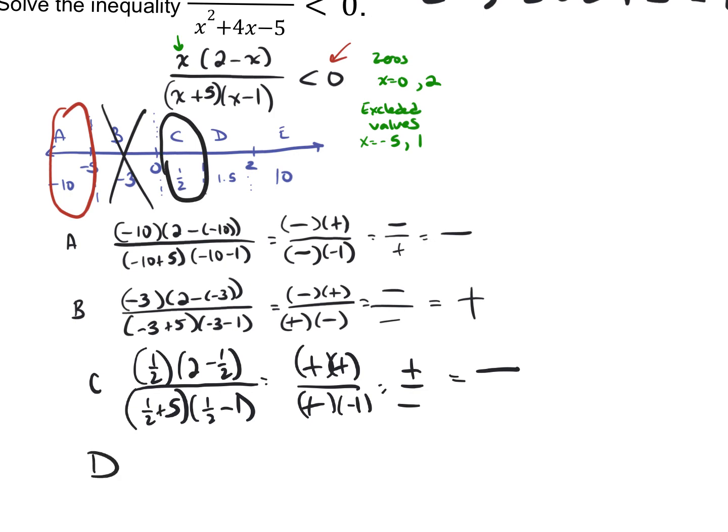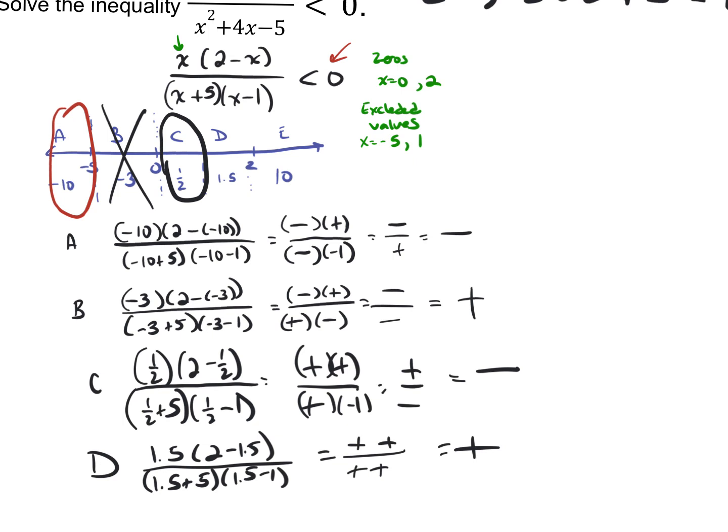Region D, we're plugging in 1.5, so 1.5, 2 minus 1.5, 1.5 plus 5, and 1.5 minus 1. Everything is positive here, so this is, of course, positive. And we don't want the positives. Now let's do region E over here. E, we're plugging in 10.